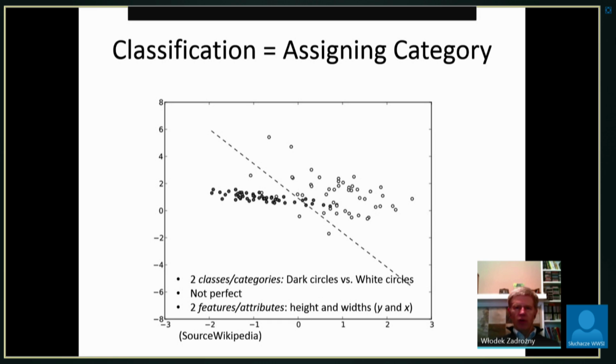That is, some of the dark circles are misclassified and some of the white circles are misclassified. We use two features or attributes, that is height and width, and we separate the two classes using a straight line. In general, this separation can be a hyperplane in a multidimensional space.